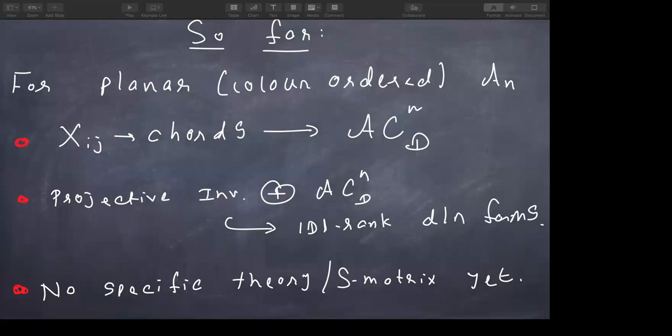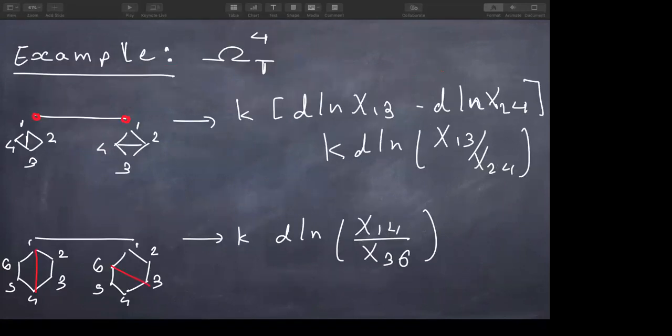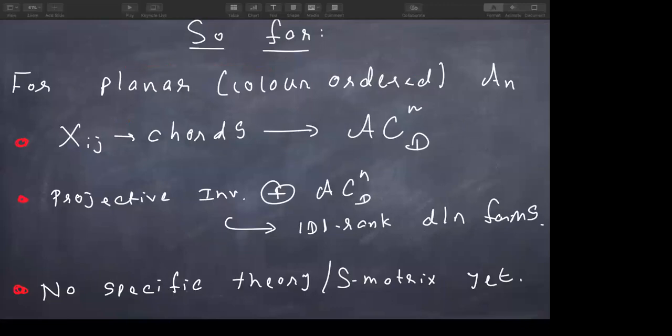Then we took some intuition from CHY, or some symmetry of the scattering equations, which is this projective invariance, and this combinatorial data to generate a class of forms which we are calling d-log forms, because they have logarithmic dependence on the x variables. So far, okay. Even now, we don't have any theory or S-matrix yet, but this is what we have established in the kinematic space. So we have some geometry now, and we'll see how that gives us amplitudes.